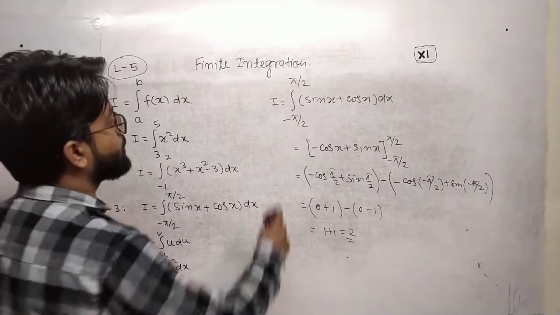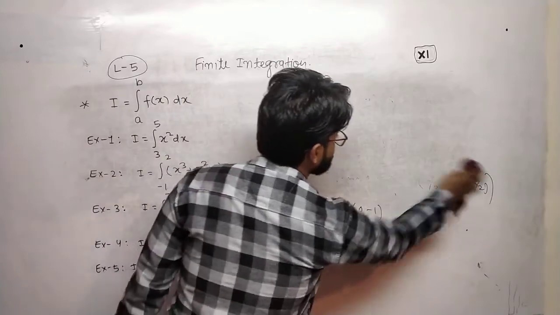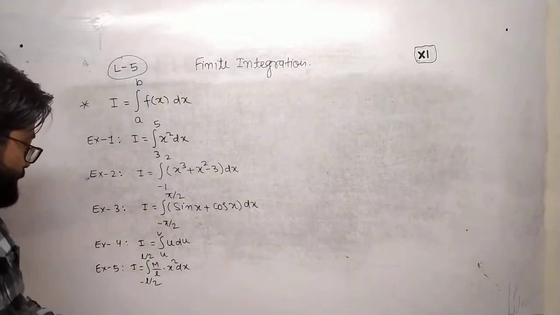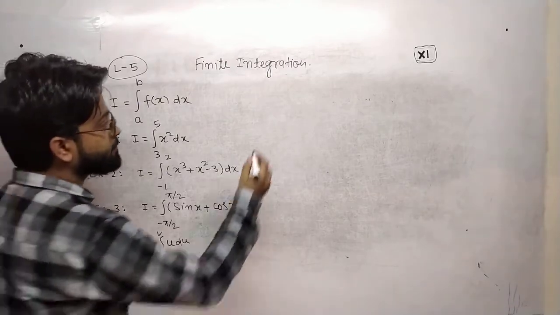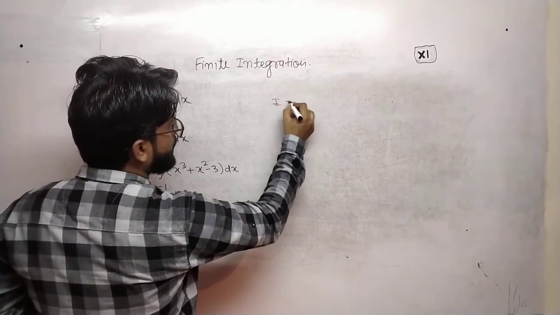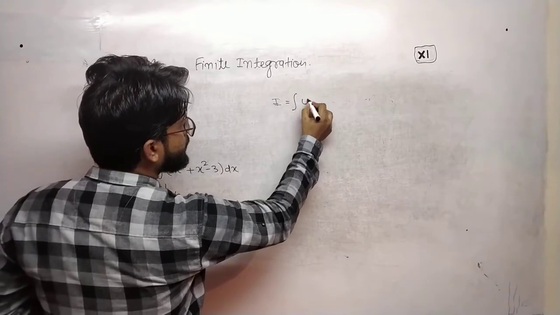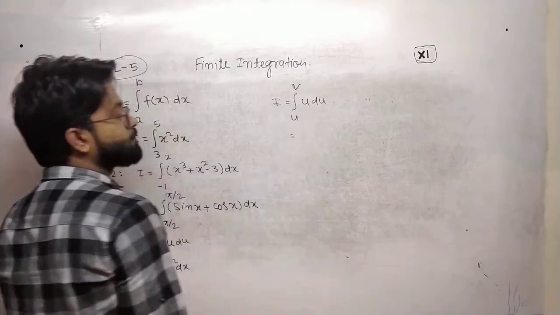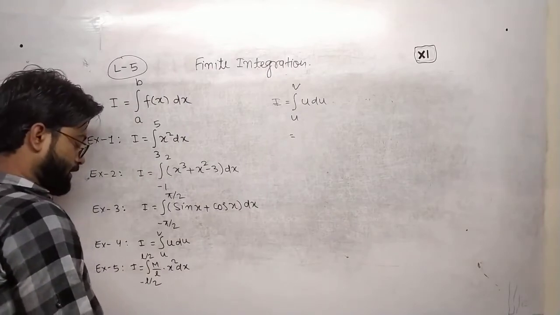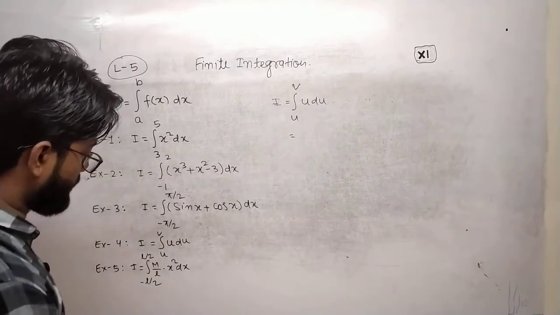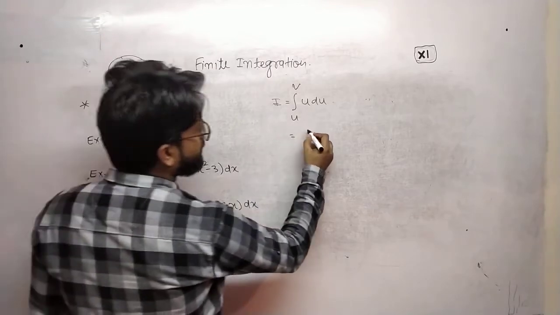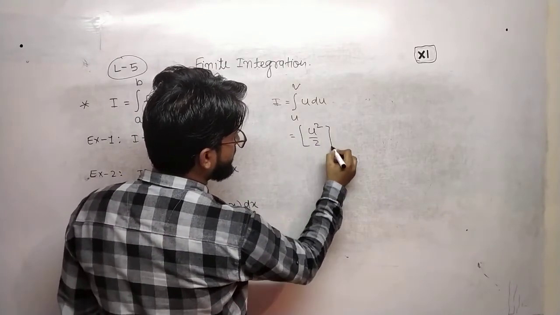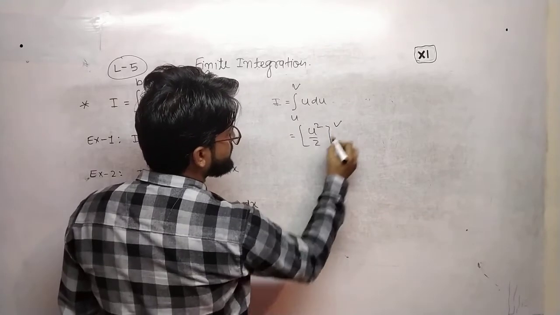Now example number 4. Example number 4 is integration u du from u to v. U du means we have just changed the variable. It will be equal to u square upon 2. Put a big bracket and put the limits.